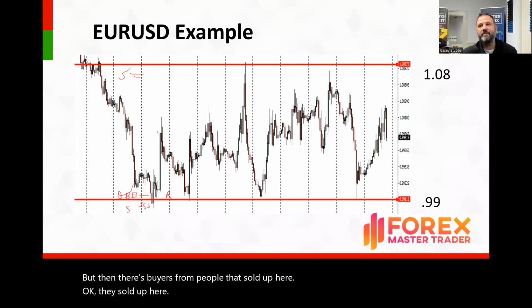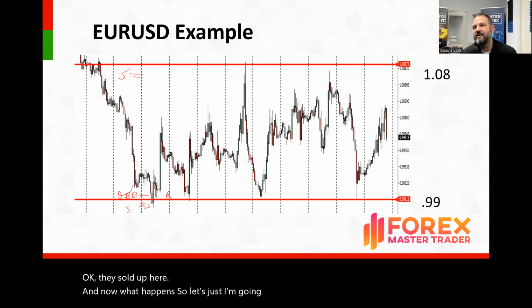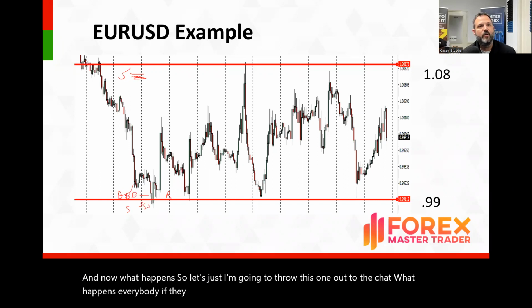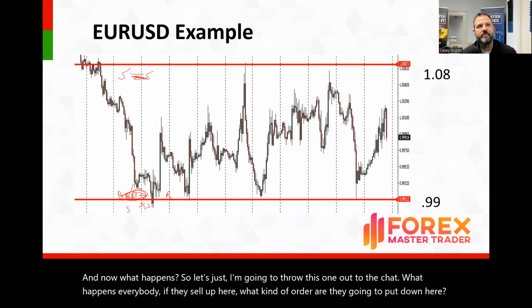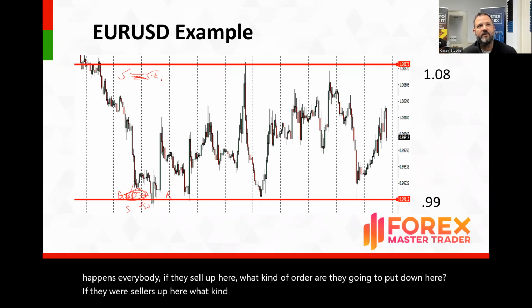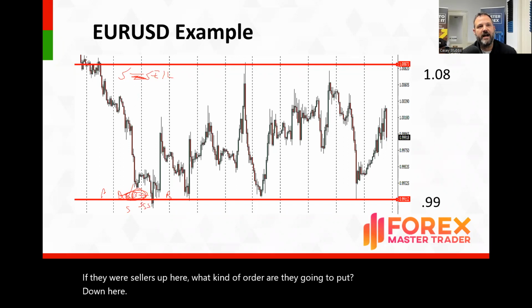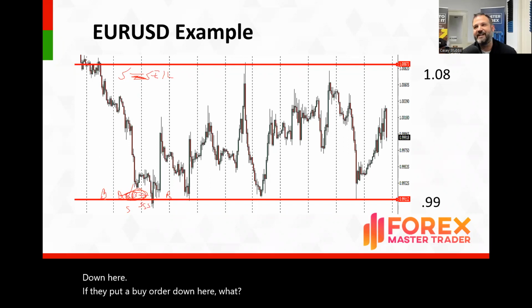And now what happens? So I'm going to throw this one out to the chat. What happens, everybody, if they sell up here? What kind of order are they going to put down here? If they were sellers up here, what kind of order are they going to put down here? I kind of gave the answer away.